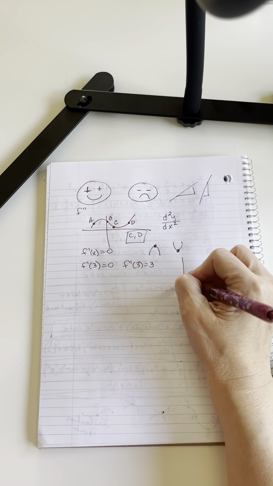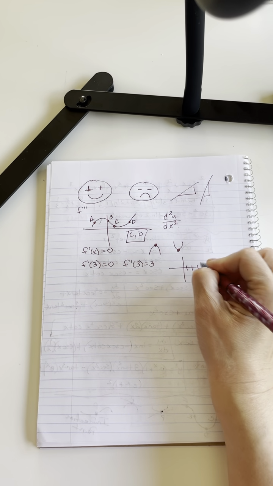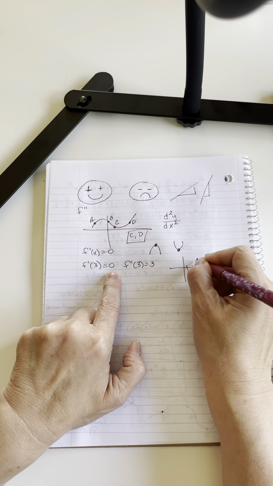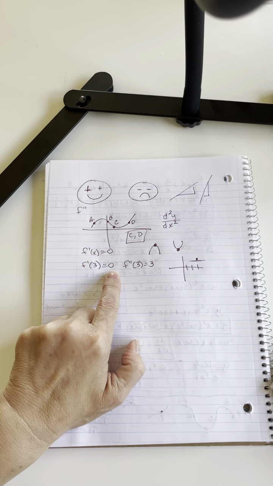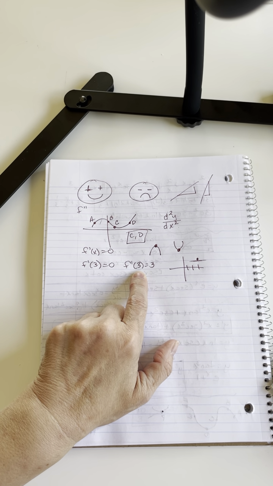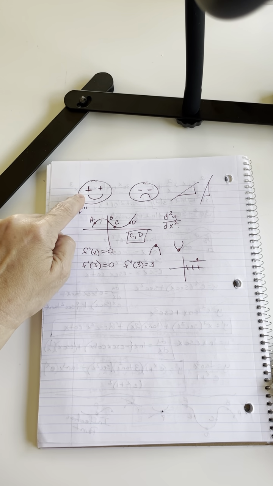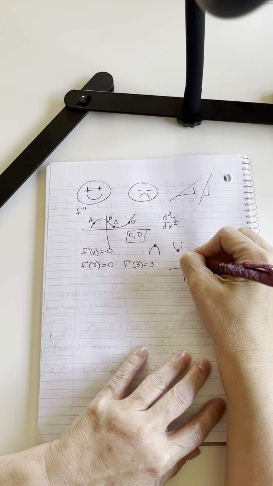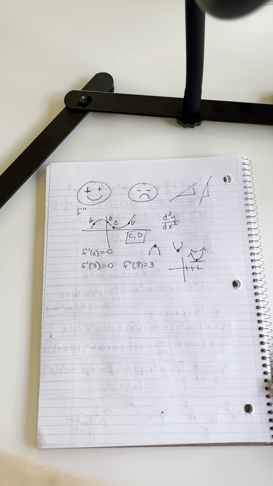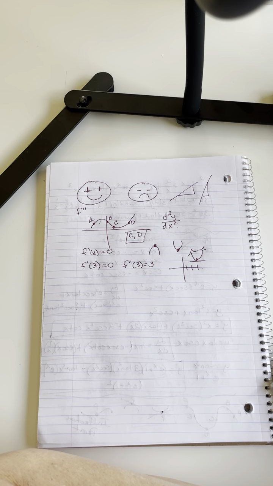Since they want the sketch and we're dealing with x equals 3, in the original one, 3 gave me a slope of 0, so I have a dot somewhere. I've got a flat slope here, so I know I need to be curving. Now, what did the second one tell me? I got a 3. Well, that's a positive, so it's caving up. So my rough sketch creates a parabola, and that would give me then a minimum point.